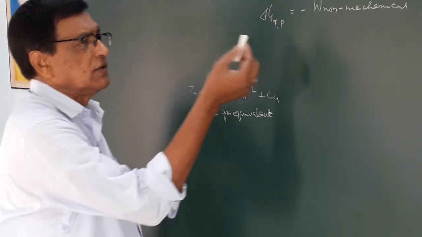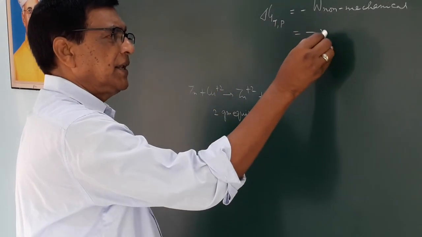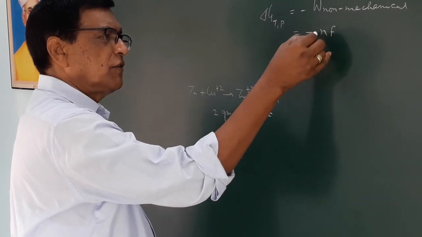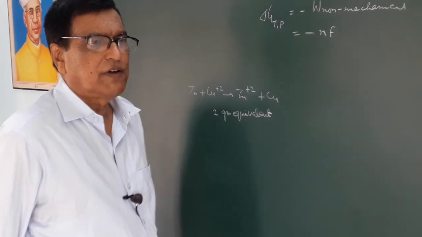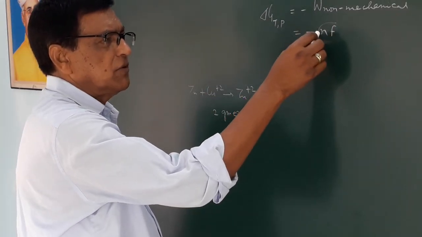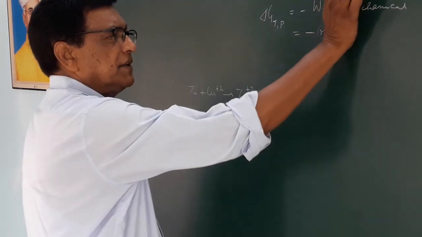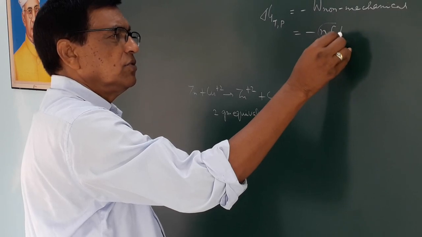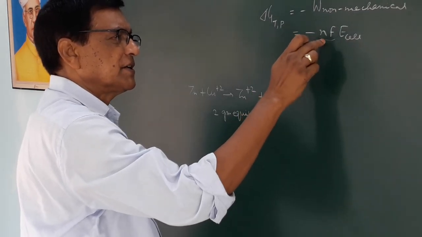So this non-mechanical work is equal to minus nFE, where nF is the amount of electricity, F is the Faraday, 96,500 coulomb. So this is the amount of electricity drawn from the cell, and E is the potential, the EMF of this reversible cell.